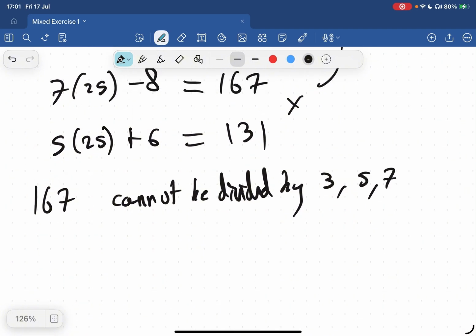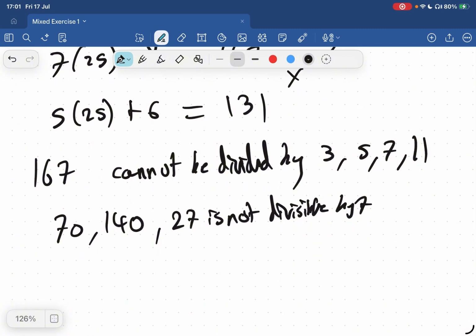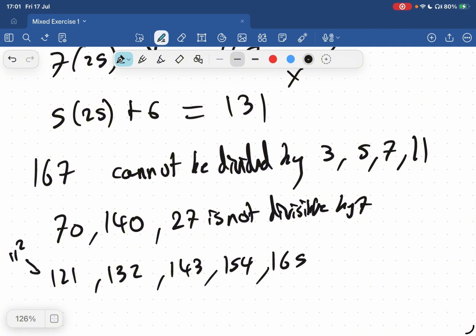Can it be divisible by 7? Well, we have 70, 140, and then 27 is not divisible by 7, so it can't be divisible by 7. Skip 8, skip 9. Can it be divisible by 11? Well, we've got 121, 132, 143, 154, 165. So it's not divisible by 11.